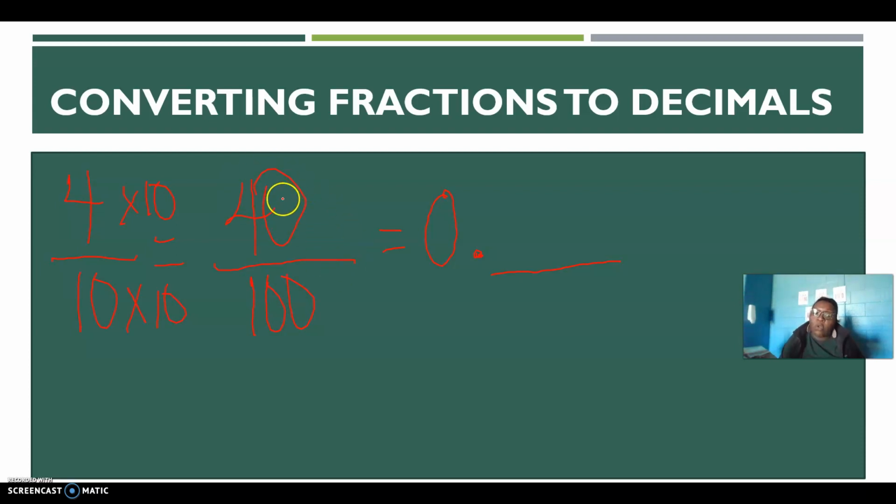So now, 40 over 100, we want to remember that this first spot right behind our decimal is the tenths, and then this second place is the hundredths. So 40 over 100 is 40 hundredths. That's how that should look, okay?